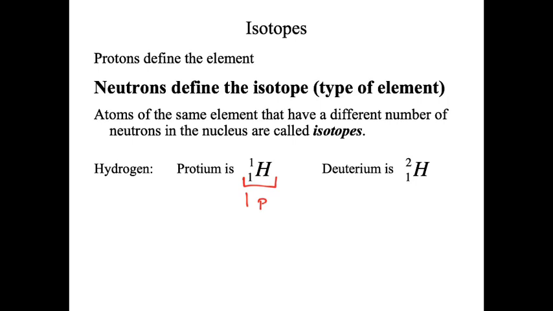Why? How does it have a mass of 1? The mass is 1. What is the mass of one proton? 1. If I add a neutron, what happens to the mass? It becomes 2. So if we're talking about hydrogen, and in particular protium, how many neutrons does it have? 0.